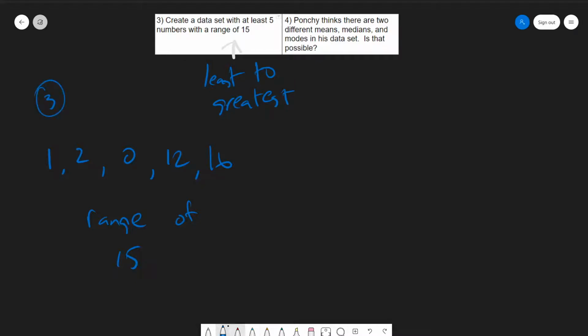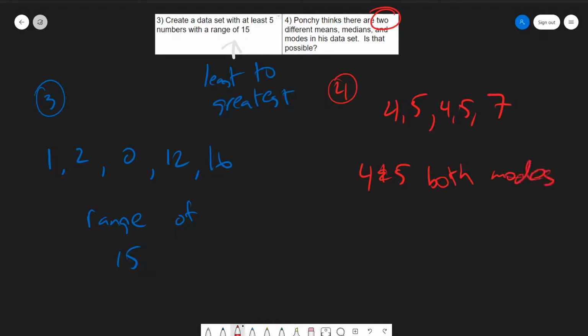What about number 4? Ponchi thinks there are 2 different means, medians, and modes in a data set. Is that possible? When we want to have multiple modes, I know that's possible. I could have a set like 4, 5, 4, 5, 7, where 4 and 5 are both modes. But have I ever had 2 means or 2 medians?